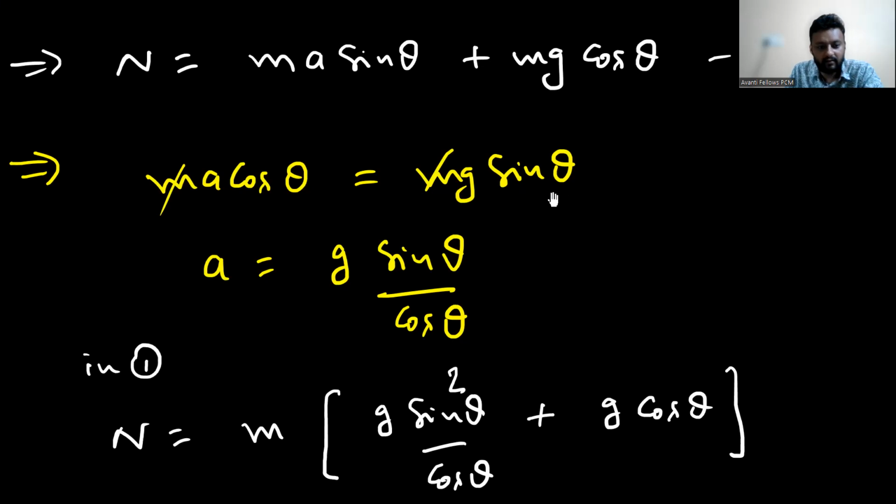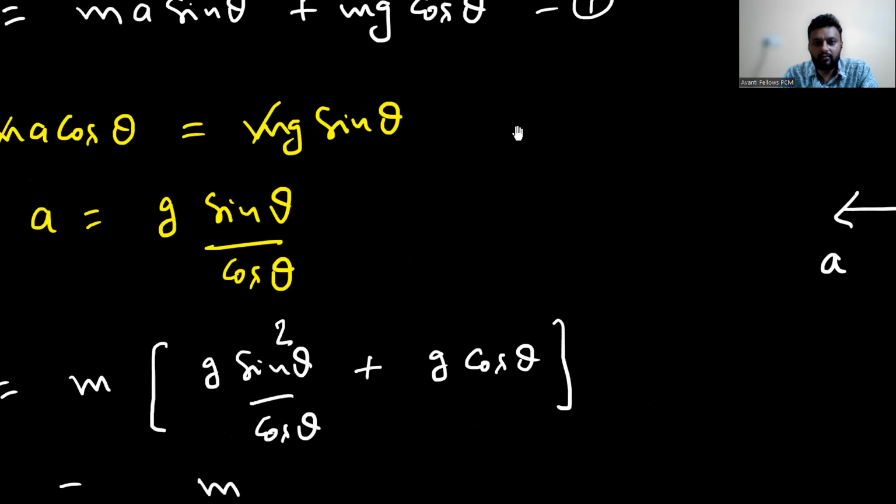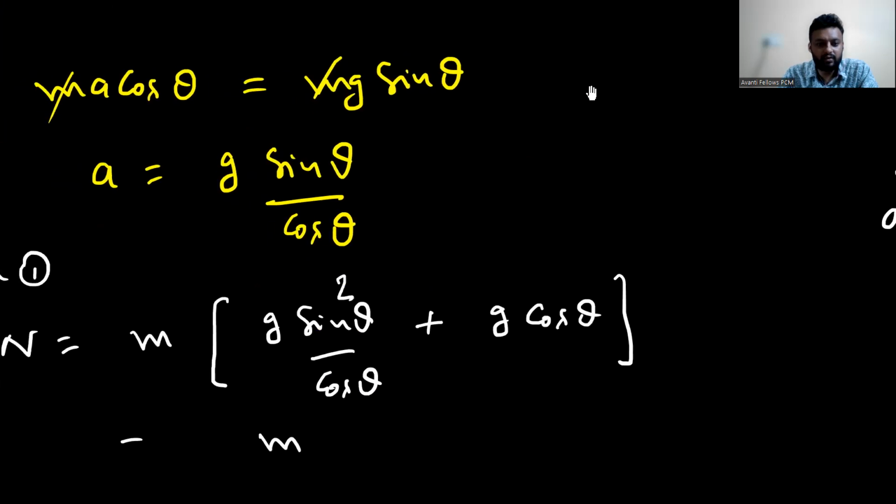What's happening? I don't know what this is. Okay, I think it is a zoomed equation. Okay, how can I write?